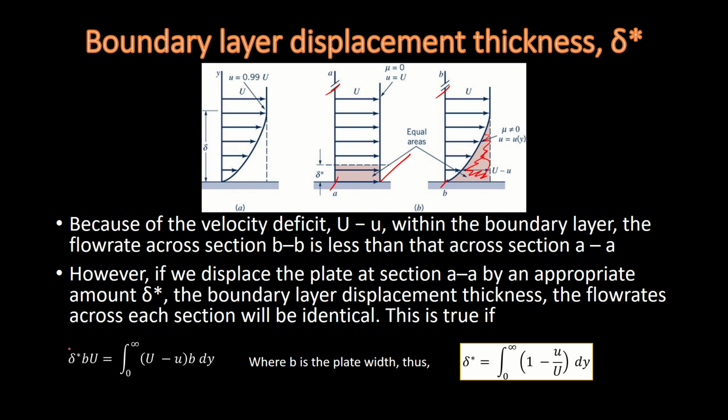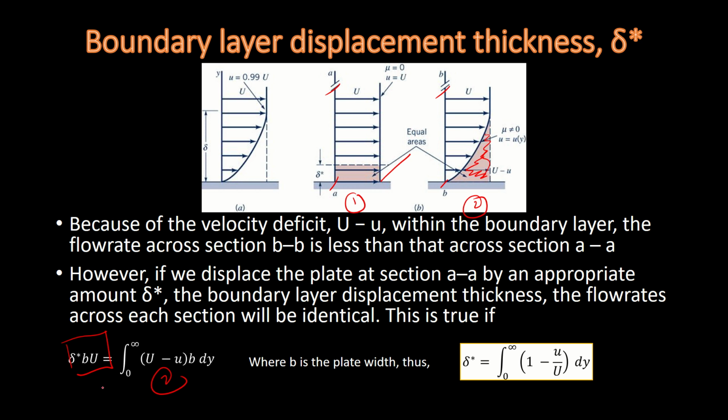which is for this figure, let's say 1, is equal to 2, the integral of U minus u multiplied by b and by dy. Where b is the plate width.